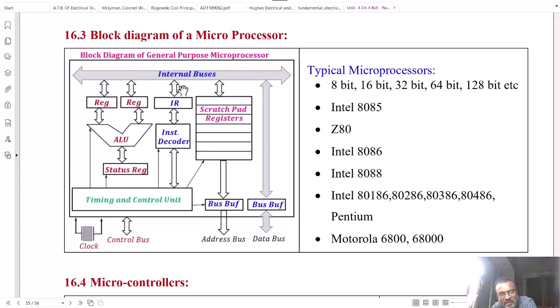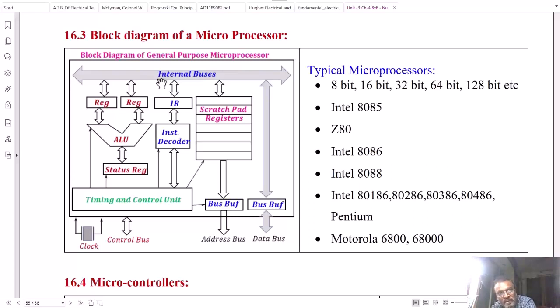Similarly, there is a very important unit inside the microprocessor, the third part of the central processing system, which gives the processor the power to control its operation under the control of the user program.